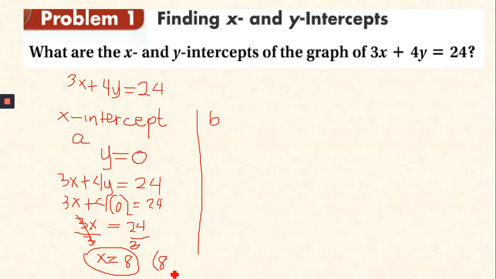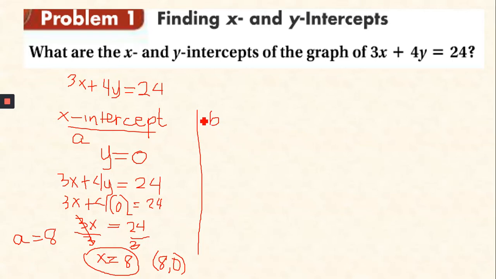We have 8, 0. The coordinates of your x-intercept are 8, 0. You can just say the x-intercept is equal to 8. Or you just have here a is equal to 8. Okay? So do not be confused once you encounter those. They pertain to one thing, and that is x-intercept.